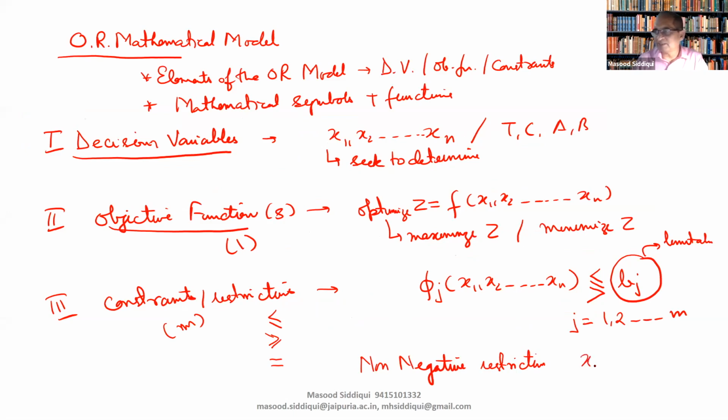It simply says that our decision variable should not be negative, meaning it would be either positive or zero. So these are the essential components of an operations research model.